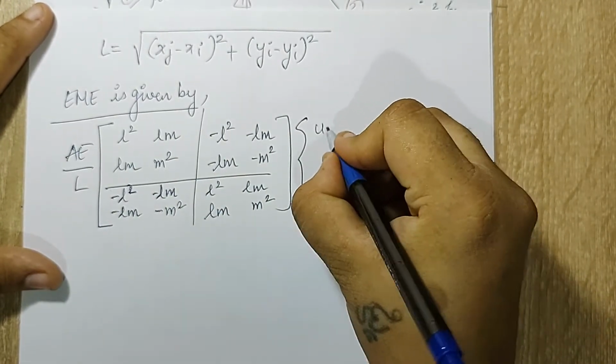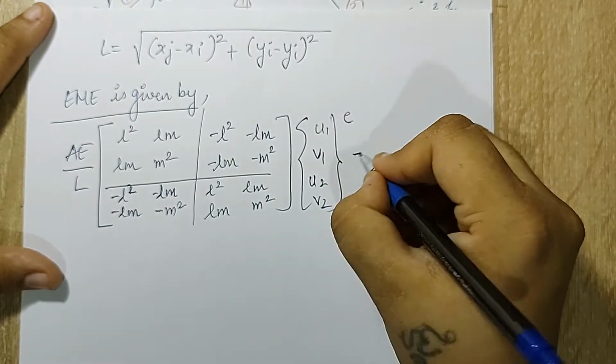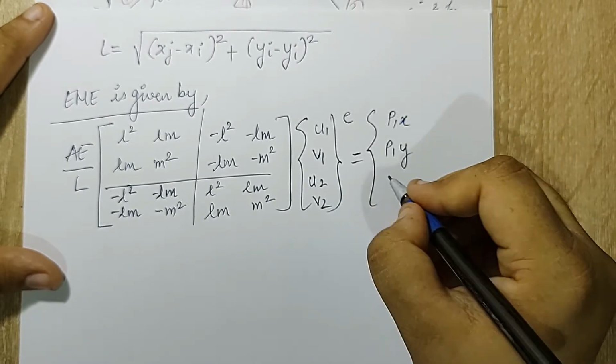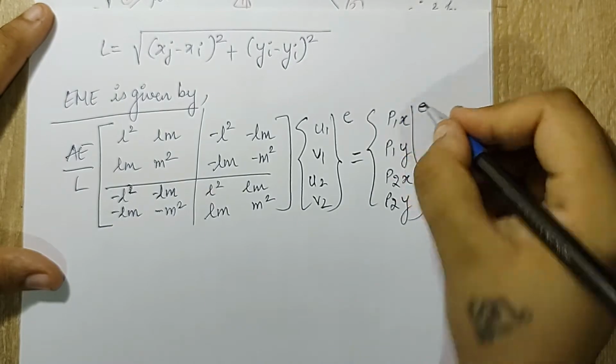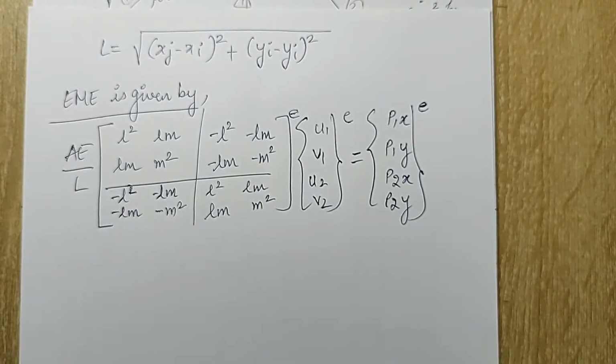Here I'll have U1, V1, U2, V2 raised to E is equal to P1x, P1y, P2x, P2y raised to E. Obviously here also I'll write down E so that you write down the values for the corresponding element.